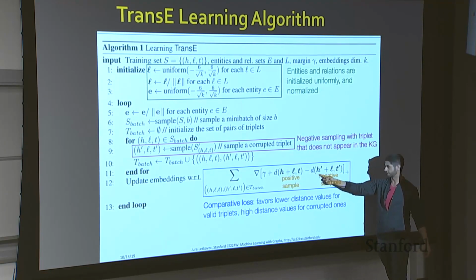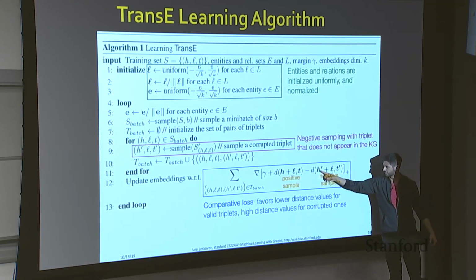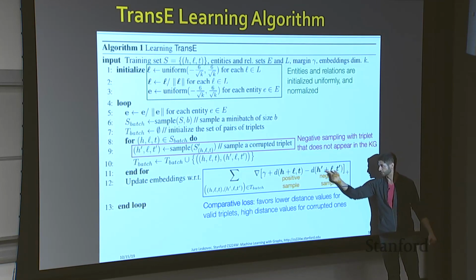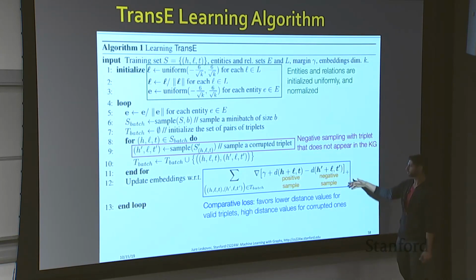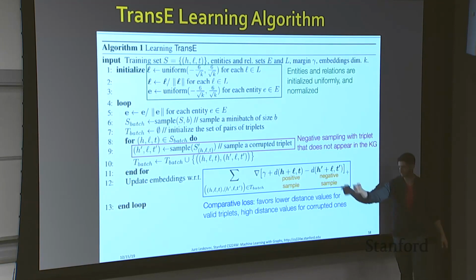And what we want here is that this distance has to grow, right? Because when we translate H prime with our relation L, it should be pointing to a very distant entity. So this value will grow, okay? This is what's called a comparative loss. Basically it favors lower distance values for the valid triplets, and it gives high distance values for the corrupted ones, okay?